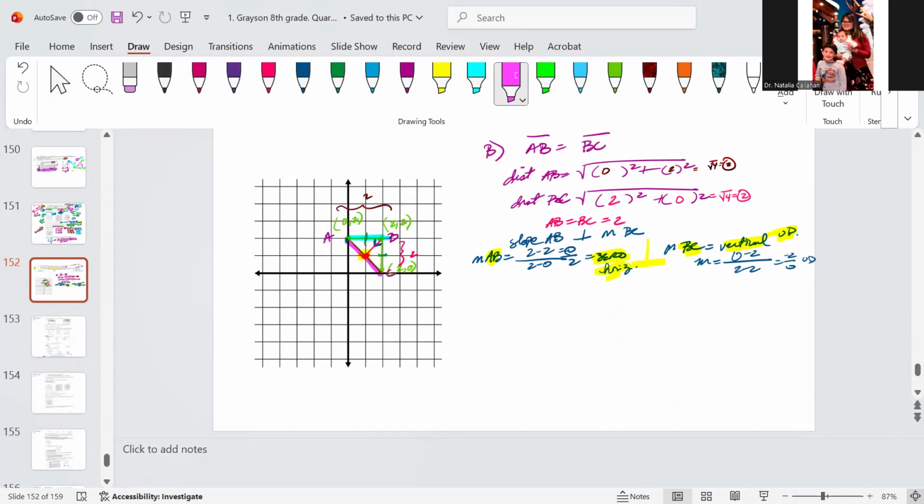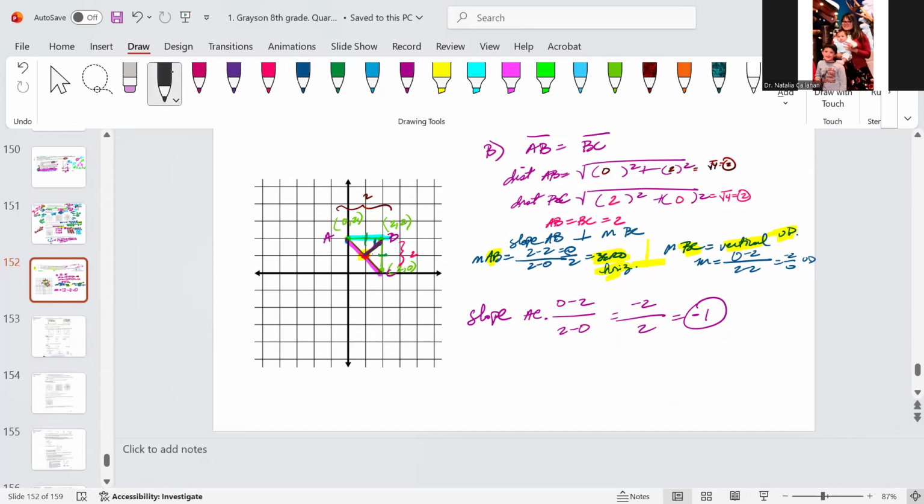Do you see that? Okay. So we need to find the slope of AC, correct? Slope of AC is going to be 0 minus 2 over 2 minus 0, right? Which is a negative 2 over 2, which is a negative 1, correct? So your slope of this pink line, I'm running out of colors, the black line, okay?